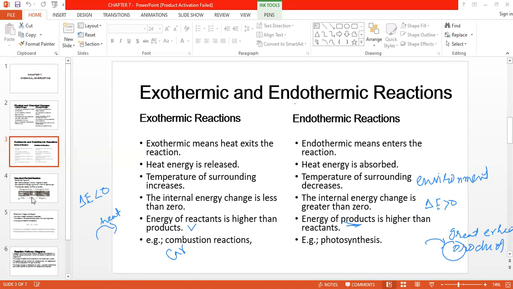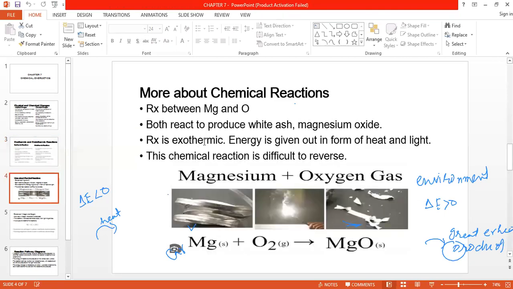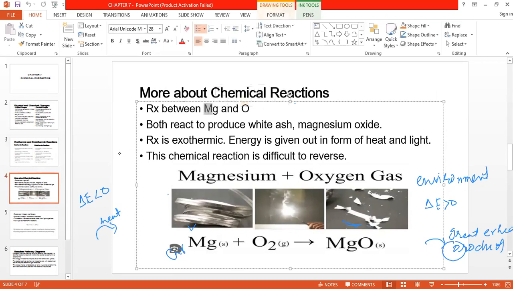It is more about chemical reactions. For example, we are going to study a reaction between magnesium and oxygen. Both react to produce magnesium oxide, which is a white ash, whitish in color, and as a result of that reaction, you can see heat and light being produced.